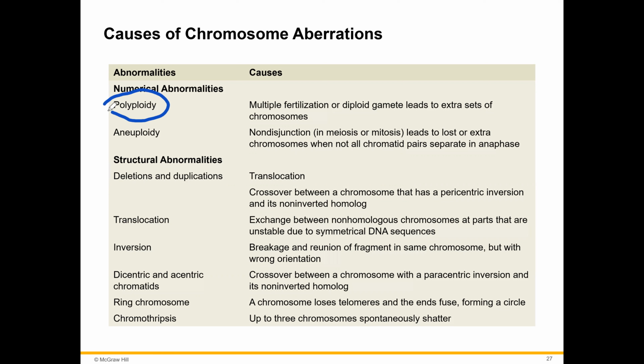The first is polyploidy, when we have multiple fertilization or diploid gametes that lead to an extra set of chromosomes. Humans, Homo sapiens, have two sets of chromosomes, 23 from a father and 23 from a mother.